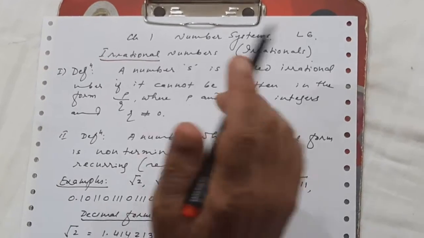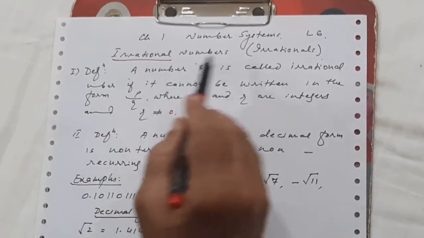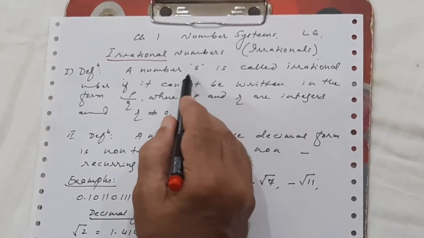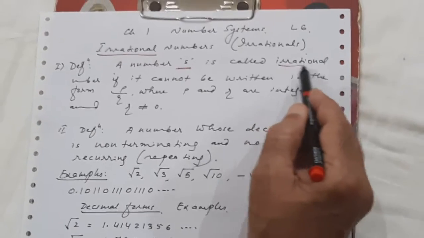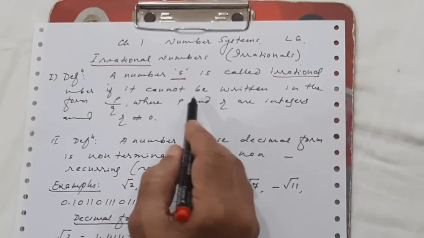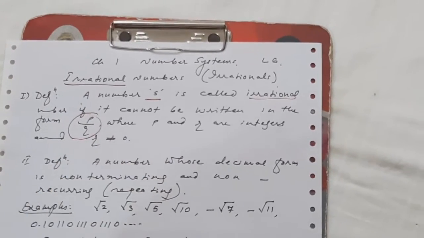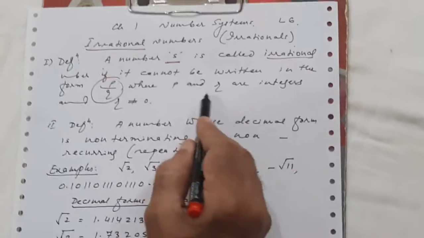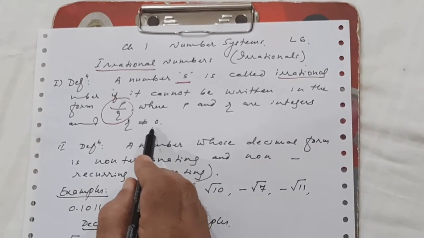Okay, let us now understand the definition of irrational numbers. Any number is called an irrational number if it cannot be written in the form of P upon Q, where P and Q are integers and Q is not equal to 0.